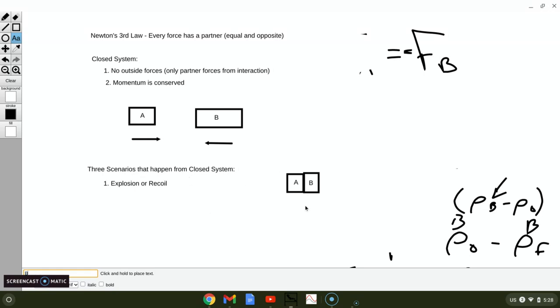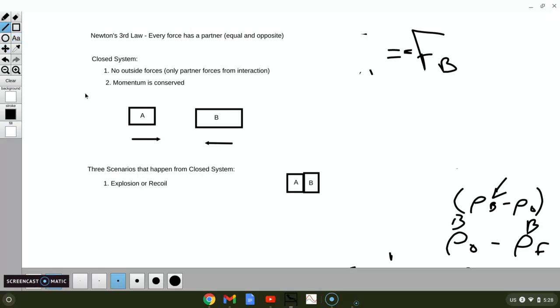All right, and so then what happens is after the explosion or the recoil, excuse me, object A will move off in this direction and object B will move off in this direction. Okay. And so what ends up happening, we just use the equation I just showed you.